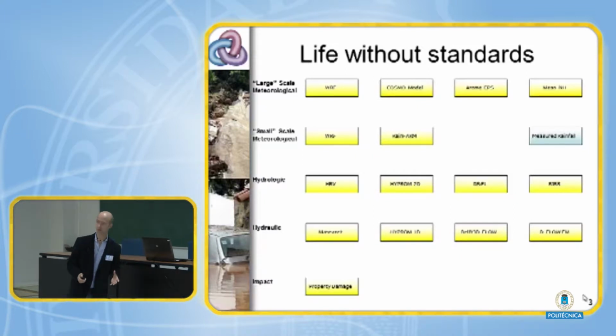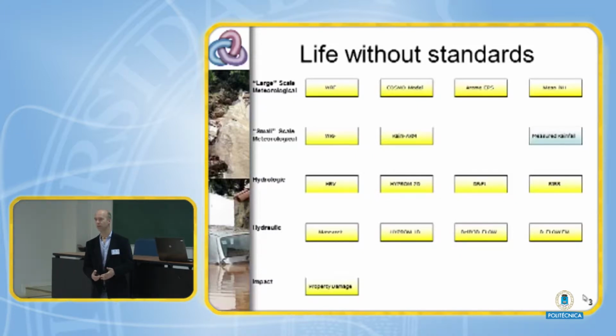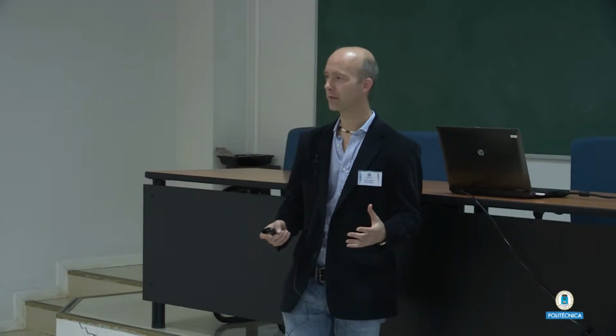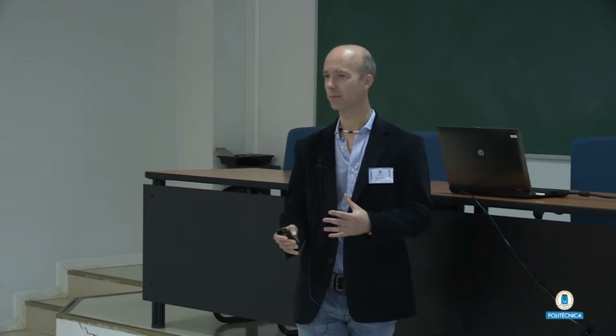First, the models. Some of the models have already been mentioned, but this is the picture of the models that we were thinking of when we started the DRIHM project. Meteorological models, hydrological models, hydraulic models from different origins. So how would you go about coupling those and passing data from one to the other?